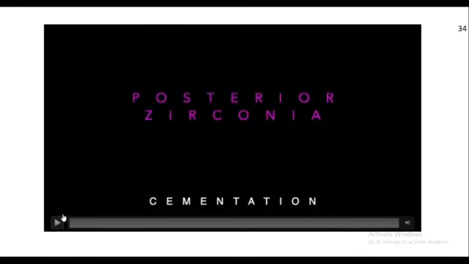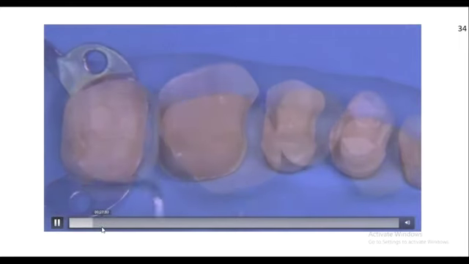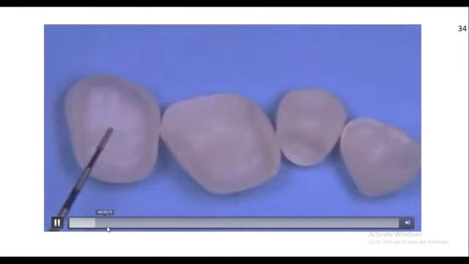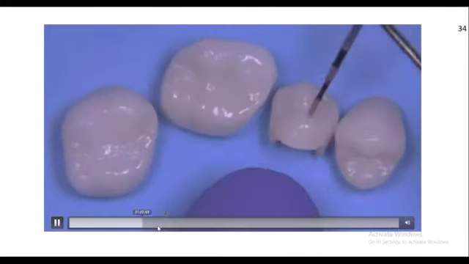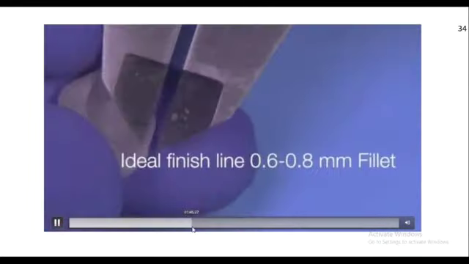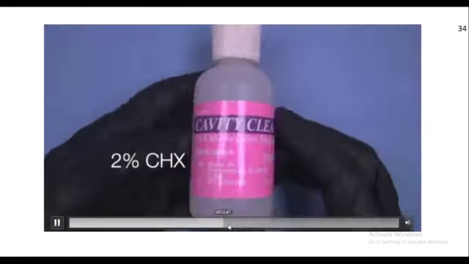So let us see how posterior zirconia cementation basically happens. It's done using the adhesive resin only. This is an overlay which they are cementing. First they check the finish line, then they check for the high points.